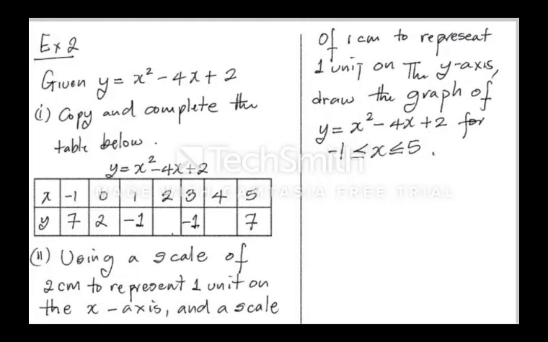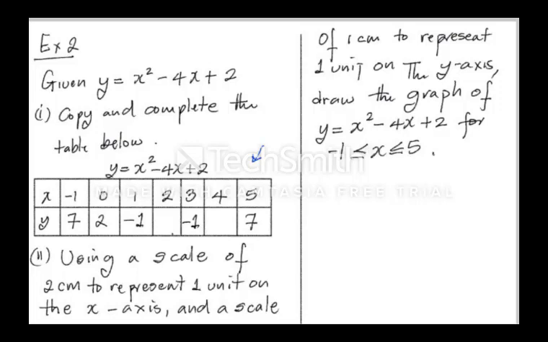All right. So next we're going to draw a graph. We're given y is equal to x squared minus 4x plus 2, and we're asked to copy and complete the table. The table here is what you call a table of values.